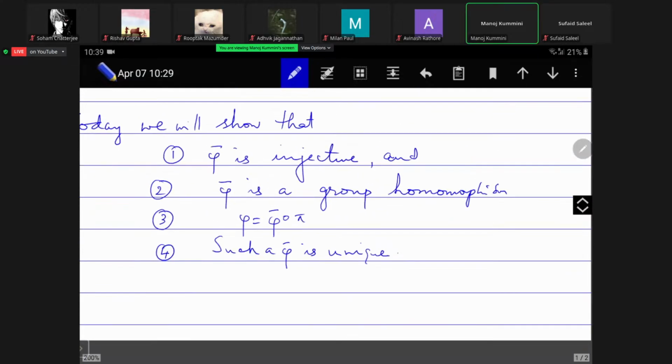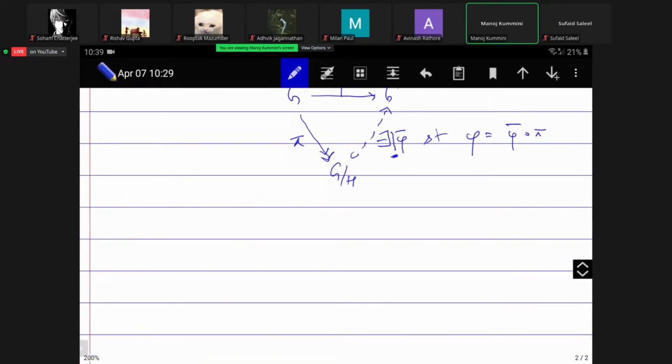So just to clarify, the injectivity of phi bar is a property of functions. The uniqueness of phi bar is again a property of functions. And so 1, 2, and 3 are really proved at the level of functions itself, without thinking about group homomorphisms. The group homomorphism just follows from calculations. So let's prove this statement.